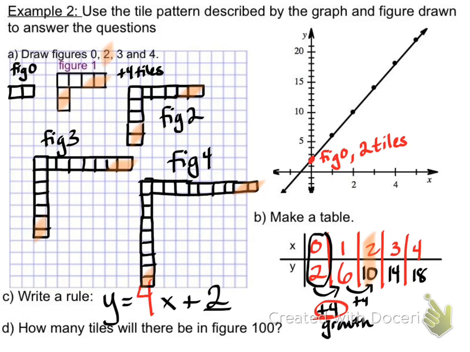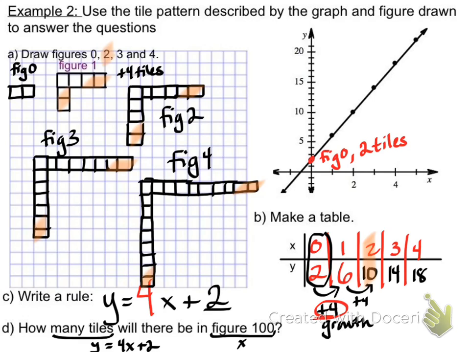I simply have to answer question D. So question D is asking how many tiles will there be in figure 100. So just like the last example, we want to use our rule. And we want to remember that Y is the number of tiles and X is the figure number. So we're going to use our rule and we're going to put 100 in for X and find Y. So plug in what we know.